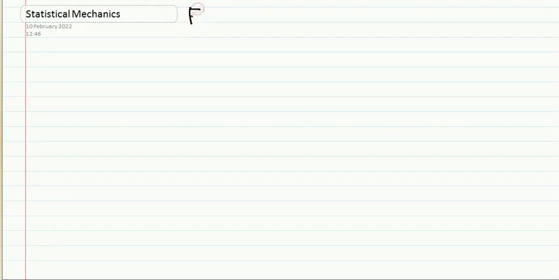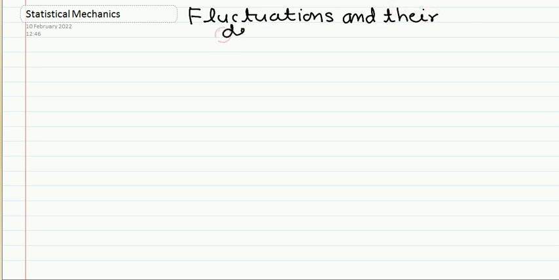The first is fluctuations and their dependence on n, where n is the number of particles.